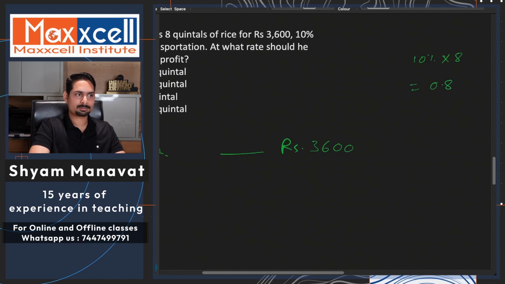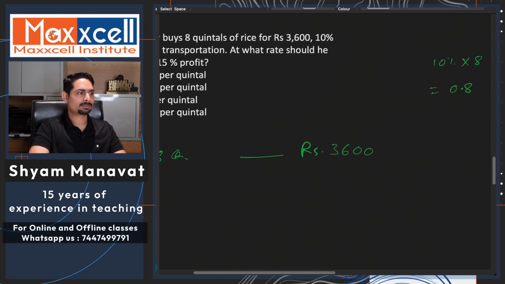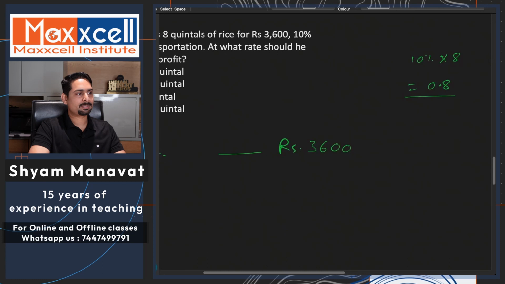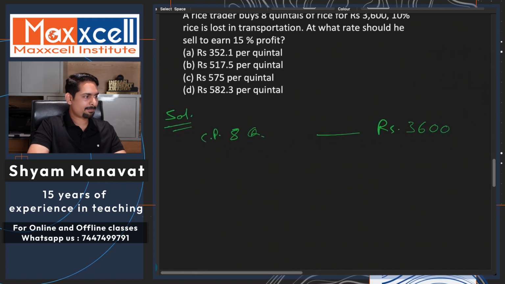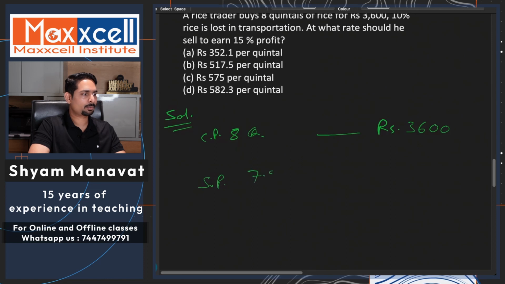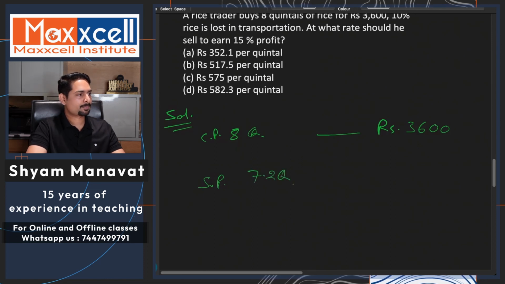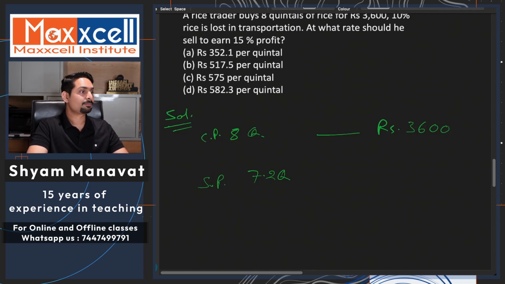I hope you can solve this much. If that is lost, how much is remaining? The remaining should be 8 minus 0.8, that means 7.2, correct? So he will be selling only 7.2 quintals, because 10% is lost.